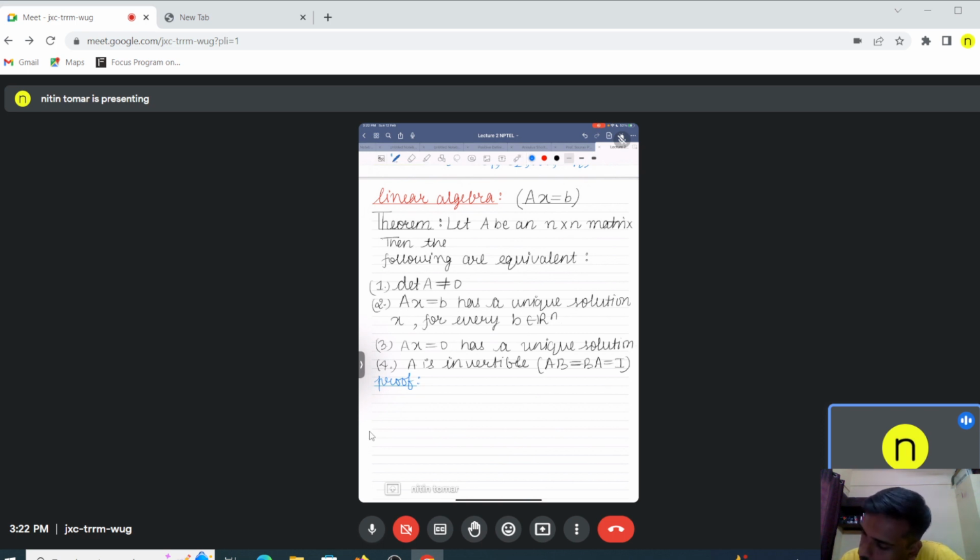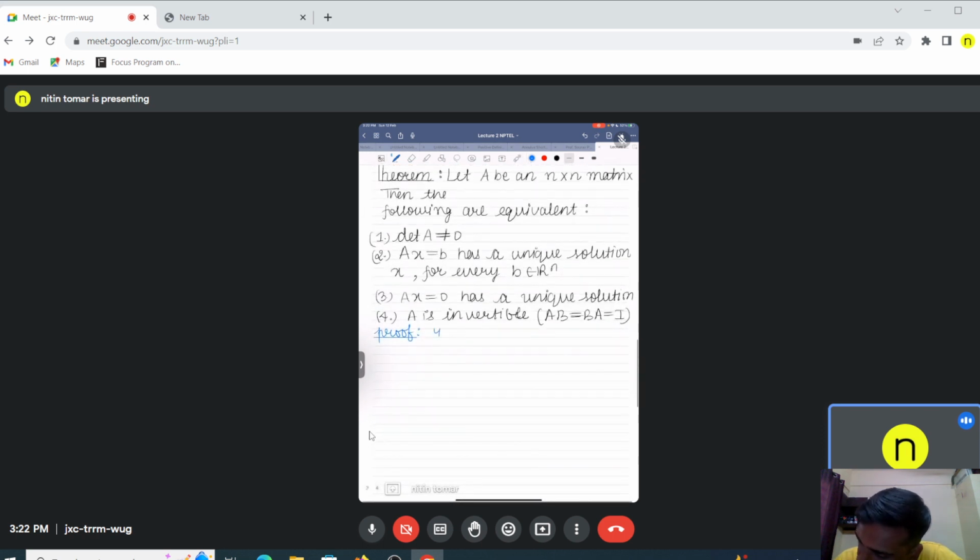Okay, so let us first prove 4 implies 3. Whatever is coming to my mind, I will prove. 4 implies 3 is easy, right? What do we know? That A is invertible. This is given. A good way to do maths is to write everything step by step.